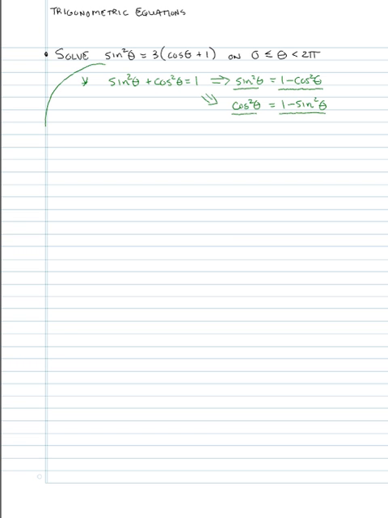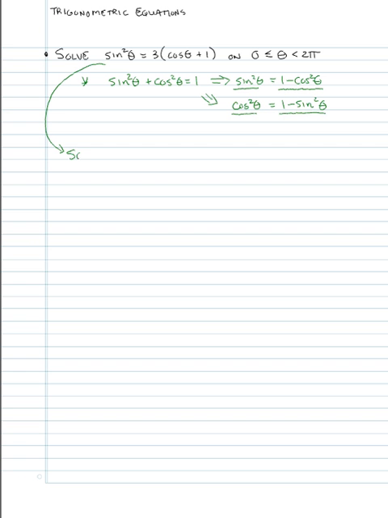Well, what we have is sine squared theta equal to 3 times cosine theta plus 1. Now we can't mess with the cosine of theta, but the sine squared theta we can convert into 1 minus cosine squared theta.